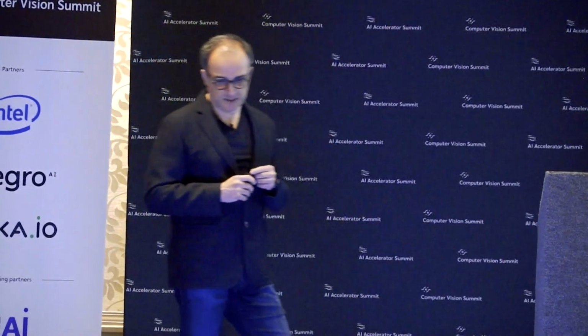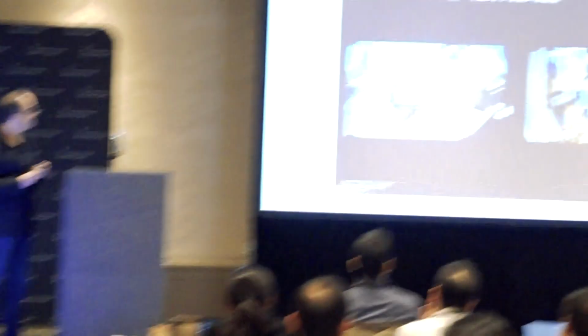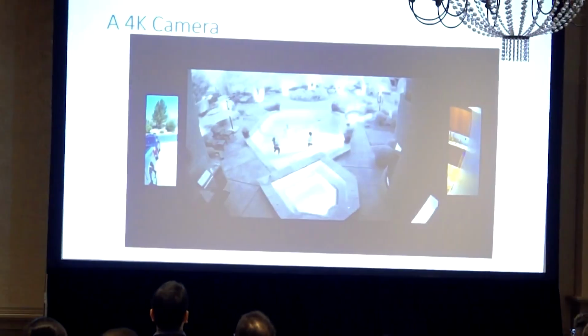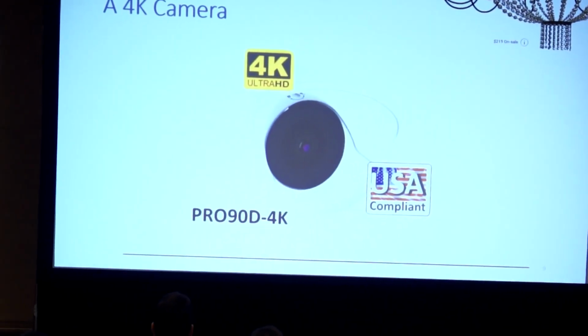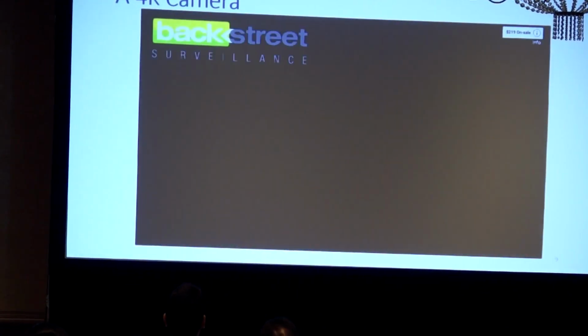And here is a short video. I want you to just watch to see the quality of the frame that you get out of 4K cameras. See, changing light doesn't impact.